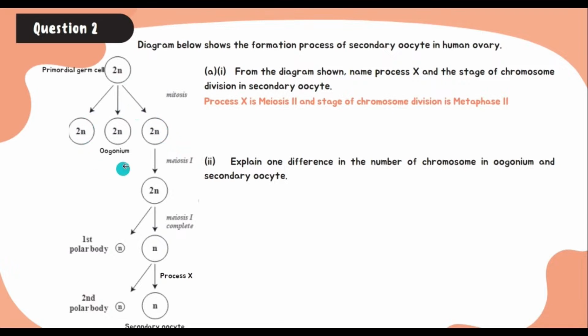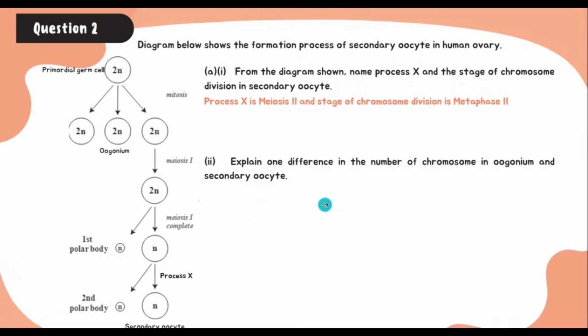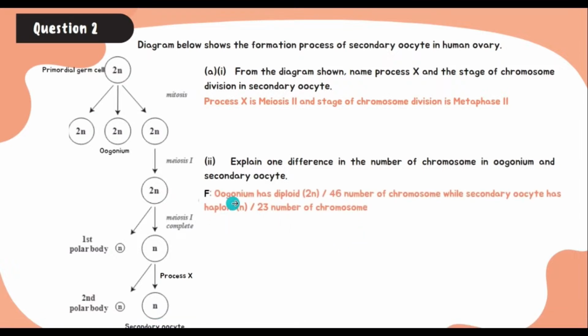Okay, so what is the difference in the number of chromosomes in the oogonium? It has been stated here. You can see the oogonium is 2n, or we call it diploid. And the secondary oocyte you can see here is n, or haploid. That will be our difference. The oogonium has a diploid number of chromosomes, while the secondary oocyte has a haploid number of chromosomes.